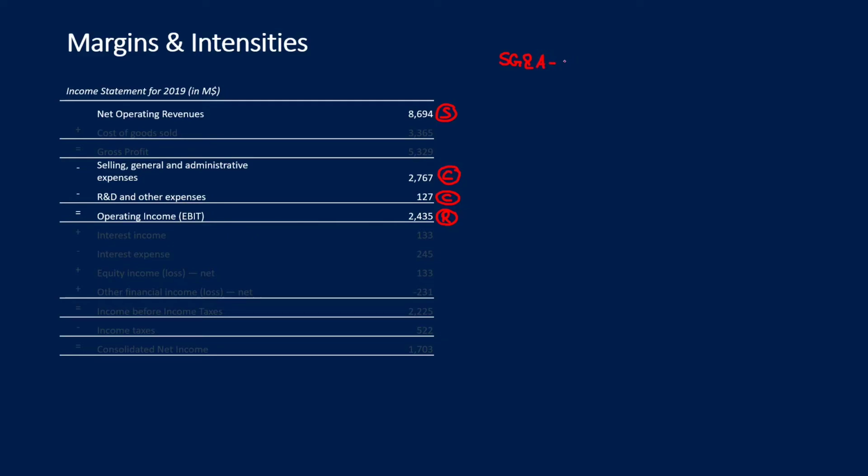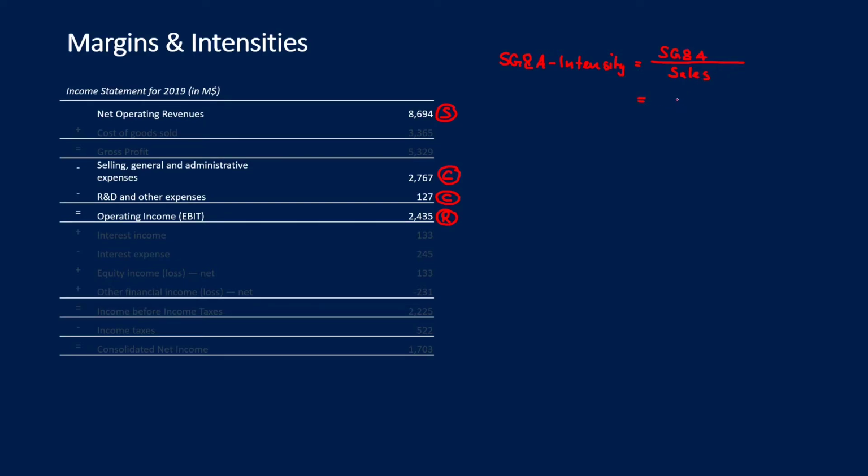And the SG&A intensity is accordingly defined as SG&A expenses divided by sales.